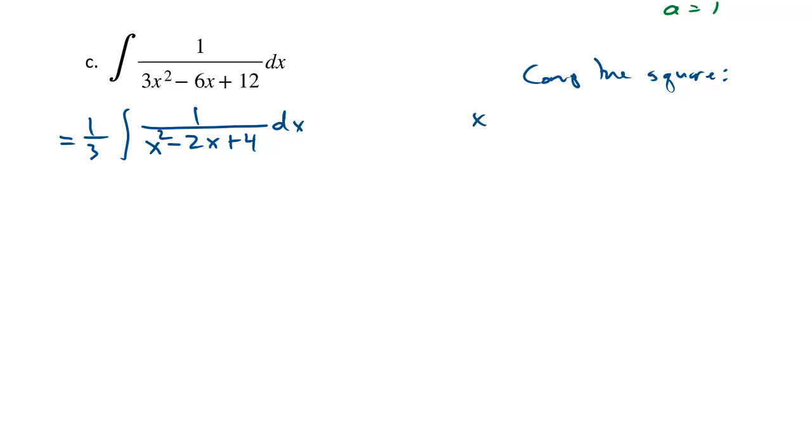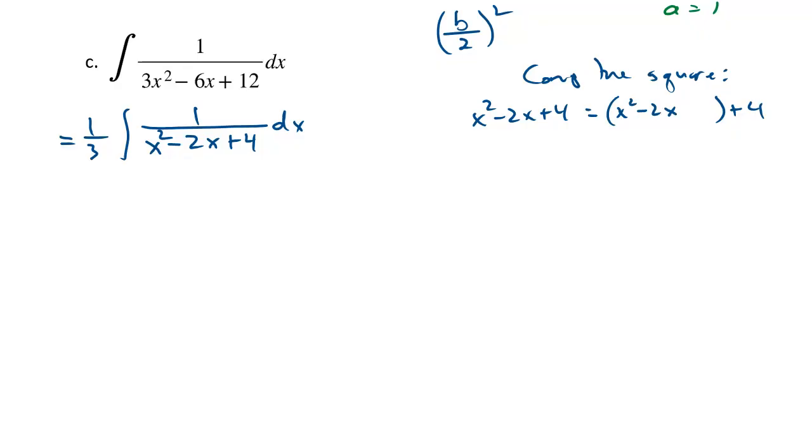So you got x squared minus 2x plus 4. Remember, you want to isolate the first 2 terms, close the parentheses and put the plus 4 on the outside. Again, we'll use b over 2, square it. So negative 2 over 2 is negative 1.